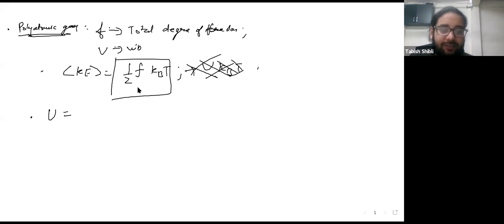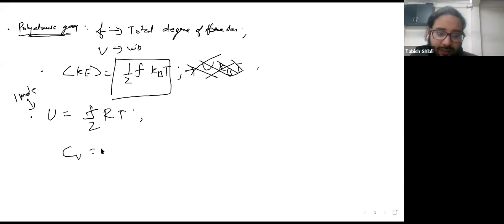So average kinetic energy for a polyatomic gas with F degrees of freedom, vibration we are ignoring right now, is just F by 2 kBT. So U, your total internal energy for, let's say, 1 mole of gas, will be just F by 2 RT.